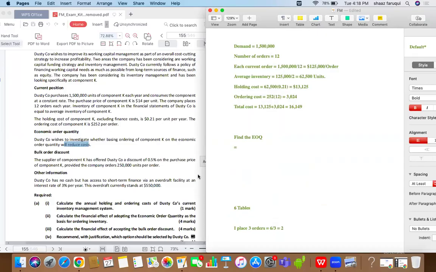Yes, you can, but it's a waste of time. If it's asking you as of now for the holding cost and the ordering cost, just focus on that. You will get the answer. But why do you want to spend time on that when it's not asked? Please remember, in the exam, you will answer only what has been asked. When you answer things that haven't been asked, the examiner doesn't say, oh, this person has answered what I didn't ask, so let me give more marks.